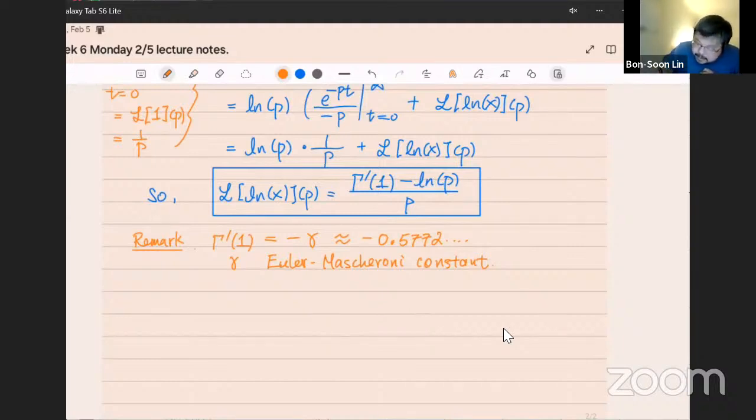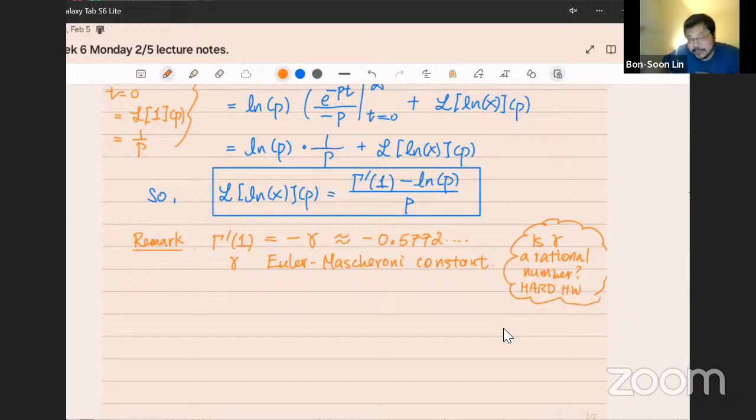For example, currently, we don't know whether this is a rational number or not. So maybe instead of saying we don't know that, I would say: is gamma a rational number? Question mark. Homework. I would just say hard homework. Extra credit. Okay, all right.